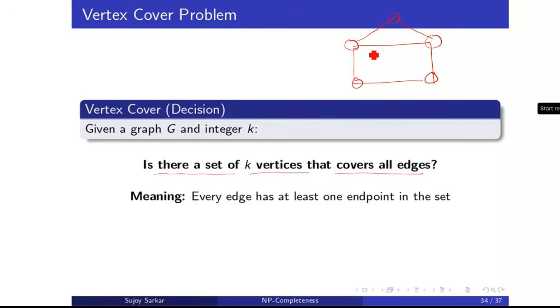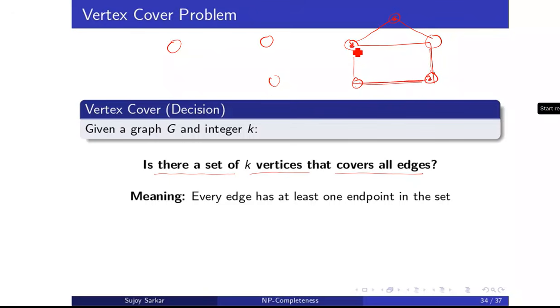What is a vertex cover? Vertex cover means we have to take certain vertices that will cover all the edges. You can think of it like, can we put people in certain positions such that all these hallways are guarded? If I put a person here, these two edges will be guarded.